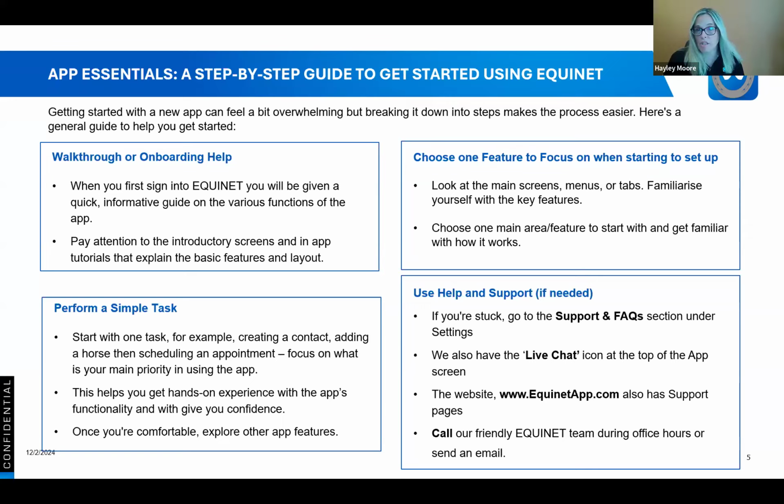In terms of starting, there are a lot of features in the app, so you could just look at one particular feature that you want to familiarize yourself with. Think, okay, I want to start with the contacts and scheduling appointments. So start in that one area, familiarize yourself, build that confidence, and then you can move into other areas.